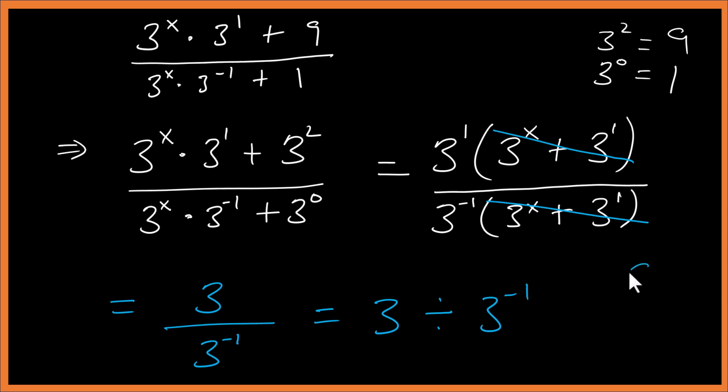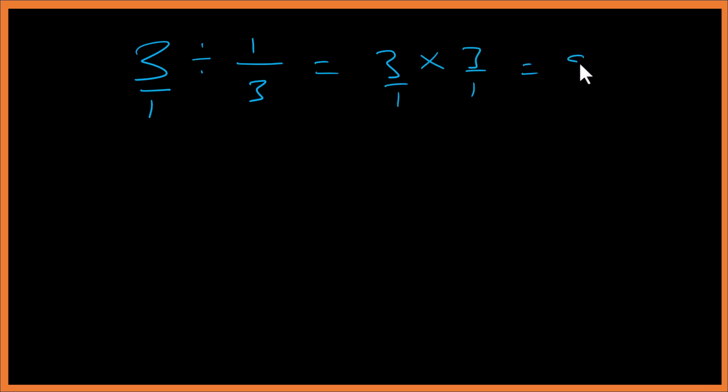Now a to the power minus 1 is 1 over a. So this side is 3 divided by 1 over 3. So you can make this side over 1. So 3 times 3 over 1 over 1. That is 9.